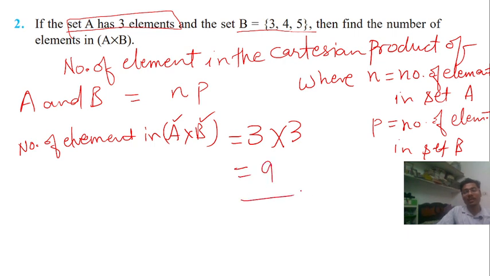So 3 times 3 is 9, and 9 will be the answer. If set A is Cartesian multiplied by set B, we will get 9 elements, because A has 3 elements and B also has 3 elements.